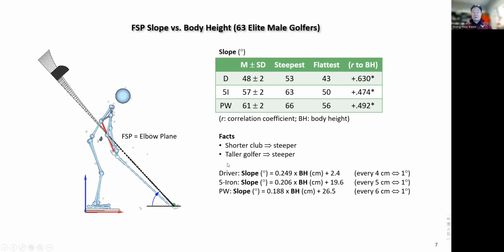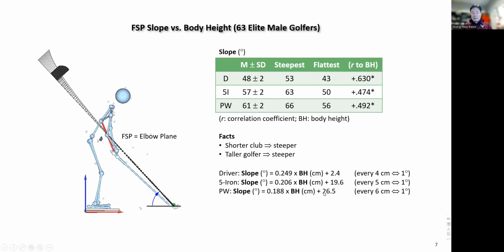These basically show the average slope, and the average slope generally passes through the elbow. So essentially, the slope we get from these equations will be the plane that passes through the elbows.